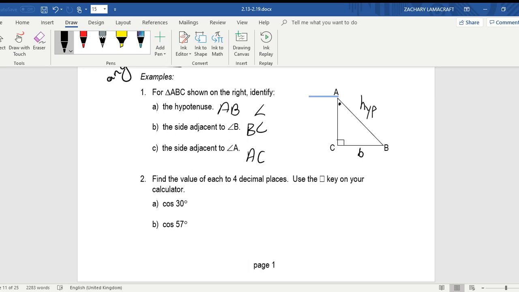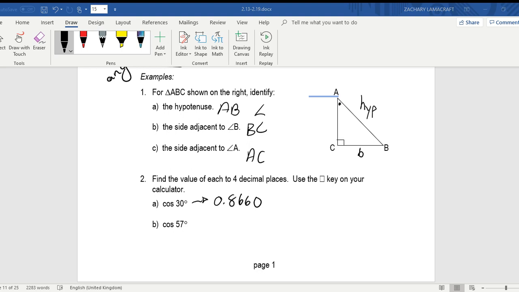Now, you've used the sine button on your calculator. You've used the tan button on your calculator. Now it's your turn to use the cos button. So if we type in cos 30 or 30 cos, depending on your calculator, and we round to 4 decimal places, please do that now if you have a calculator, you should get 0.8660. Could I get somebody to write the next one in the chat?